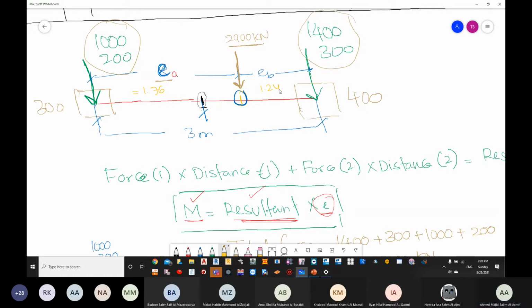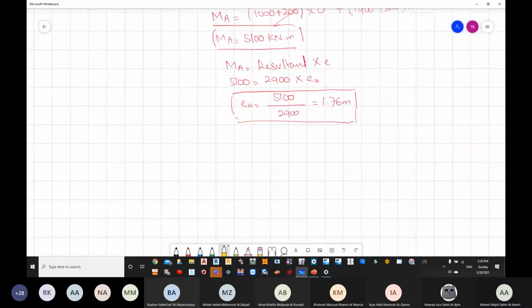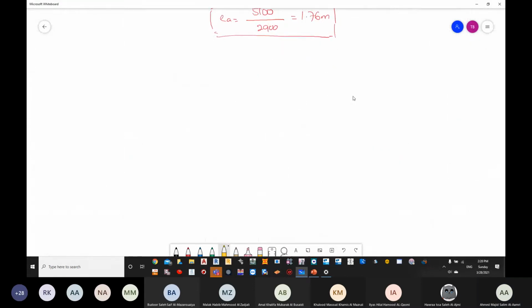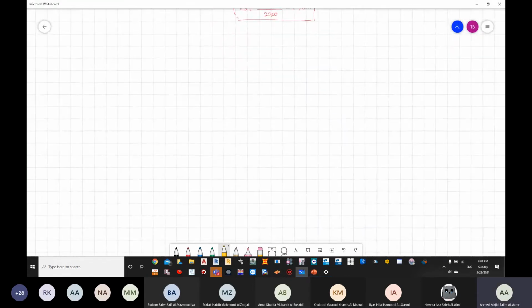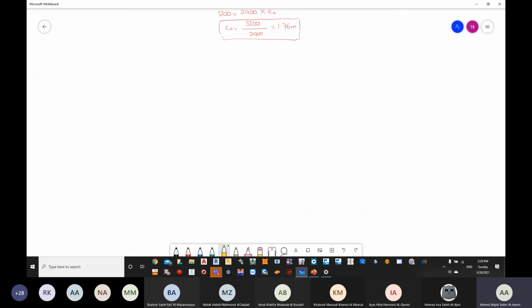Okay. Now if we take column number A, this is 300, and then we have column number B, that is 400. The distance from the first column to the second column is going to be 3 meters.